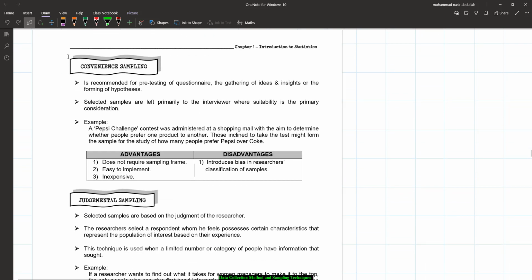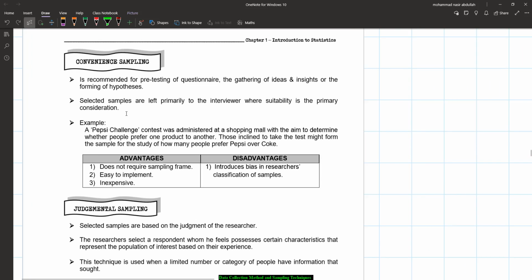As its name, convenience, kan benda yang senang. Convenience is a non-probability sampling technique. It is recommended for pre-testing of the questionnaire. This method is usually recommended when you are doing a pre-testing of a questionnaire. Means you are developing a questionnaire, so you want to test whether your questionnaire is ready to go for the actual field or not ready.